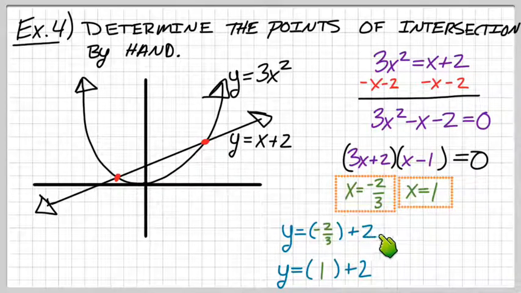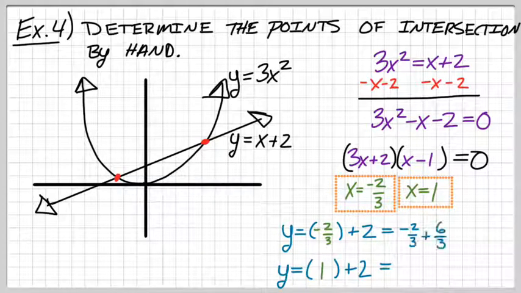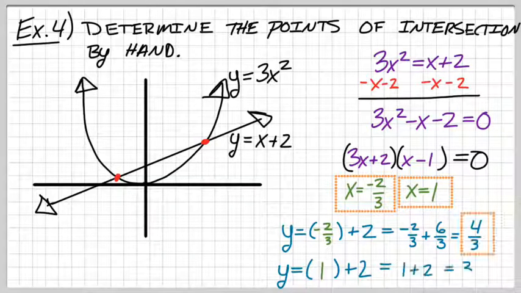So negative 2/3 plus 2: if I'm going to add to a fraction, I could write 2 as 6 over 3, multiplying by 3 over 3. So negative 2/3 plus 6 over 3 is just 4 over 3. And then 1 plus 2 is 3.